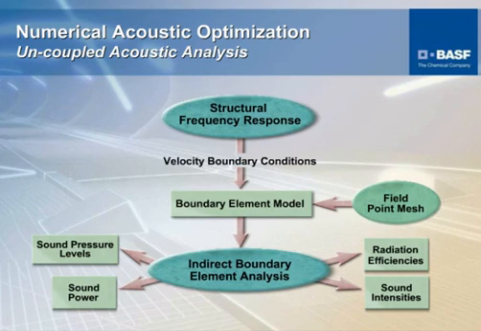The actual structure is represented by a boundary element model, which is a skin model that represents the velocities at that surface. And from that, we can do an indirect boundary element analysis. I'm referring to boundary element analysis as the analysis used for acoustical studies, and it's called boundary because we're looking at the surface. And then the indirect means that we can do it for openings, so you can have openings within the structure and you can still do the analysis.